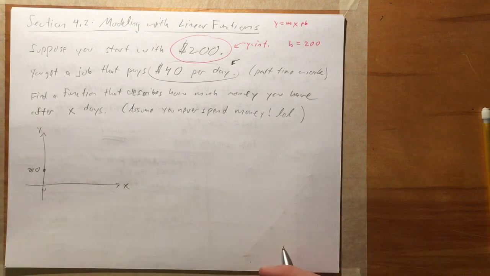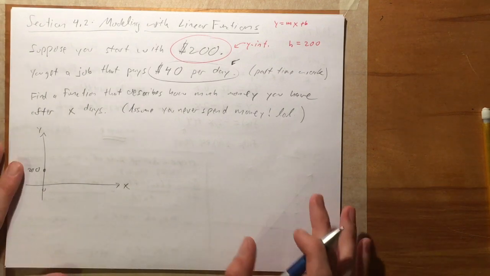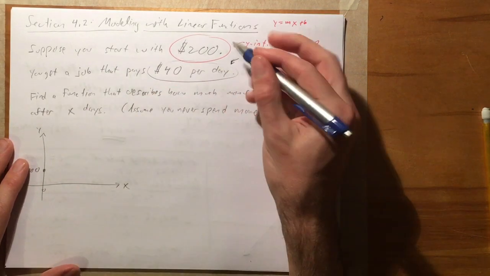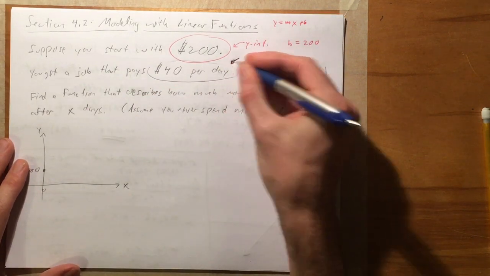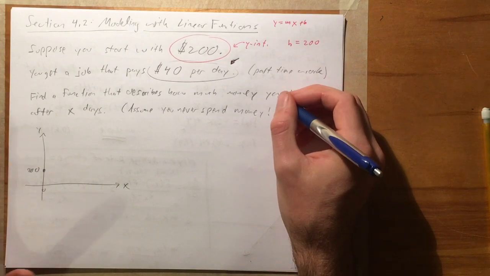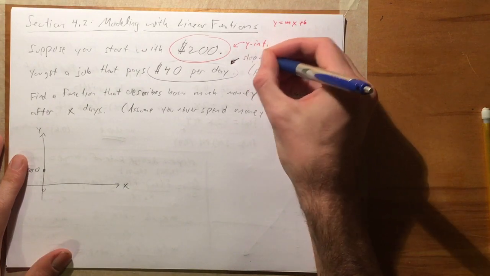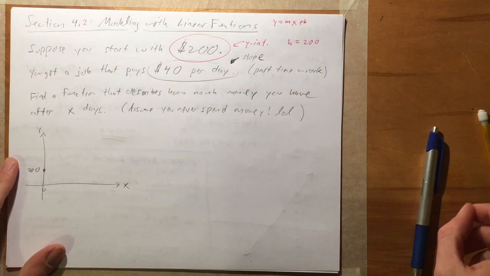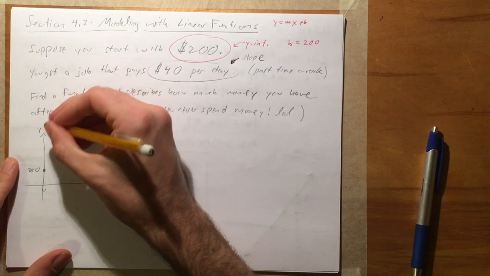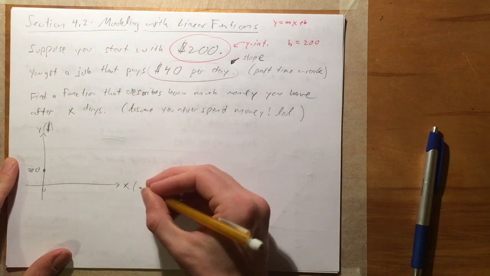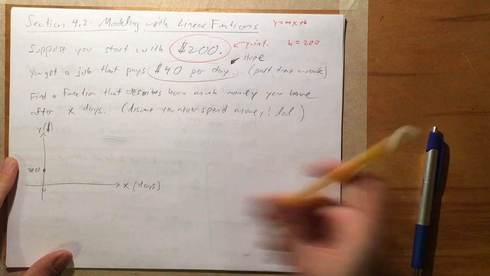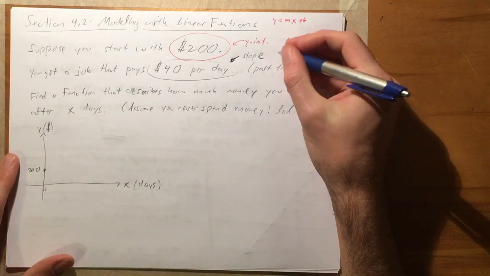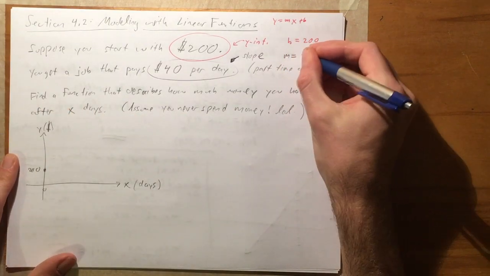Rate of change and slope are kind of the same thing, though it gets a little complicated with calculus, but don't worry about that too much yet. This information is telling us the slope. Our y here is the dollars and our x is the days, so a $40 increase in dollars for every 1 day. That is our slope. So m is going to equal 40.